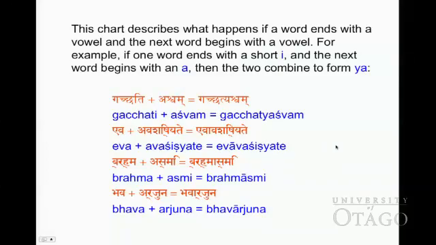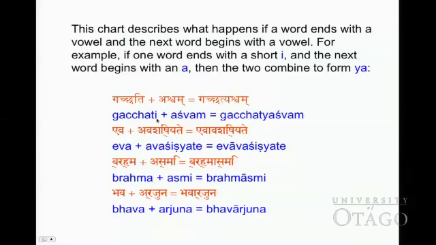This chart describes what happens if a word ends with a vowel and the next word begins with a vowel. For example, if one word ends with a short e and the next word begins with an a, then the two combine to form ya. You see from this example, gacchati plus ashwam.